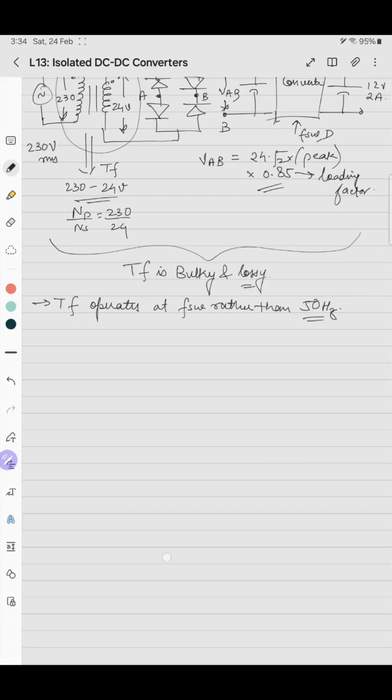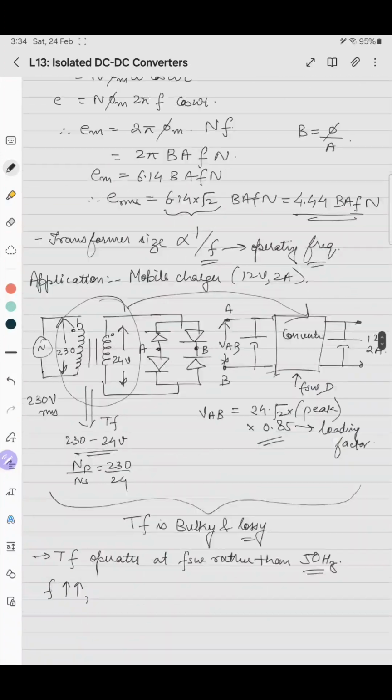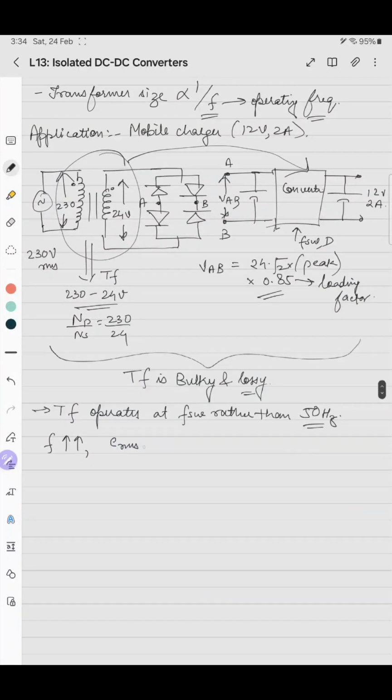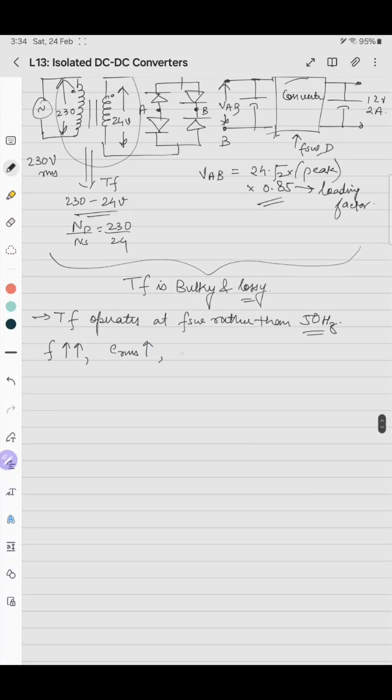If F increases, the E RMS, the induced voltage, will increase, and the losses, hysteresis and eddy current, will both increase. Now we want to operate the same transformer at a high switching frequency, because by using a high switching frequency the size of the transformer will be reduced.